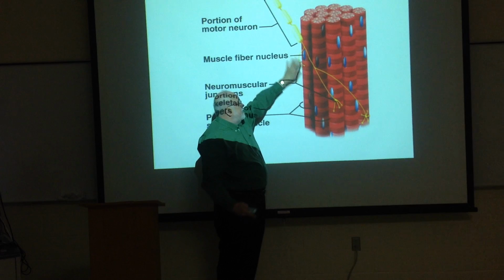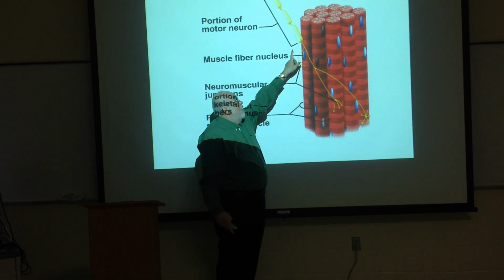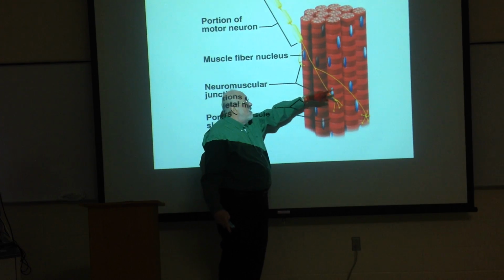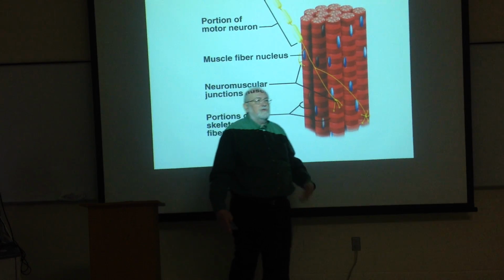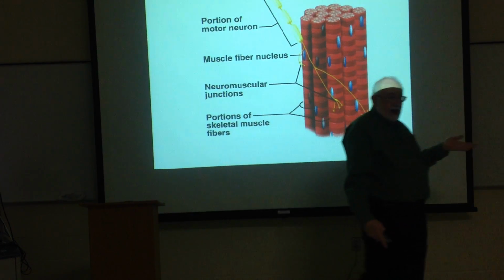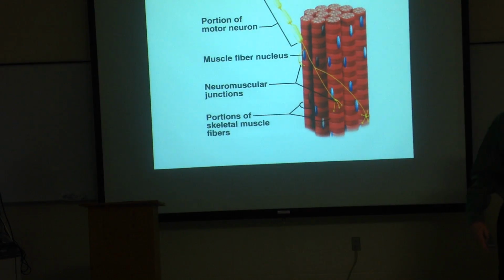And this is just showing how one nerve might cause several muscle cells to contract together. All right? And they do. But not every cell in that muscle is going to contract at the same time, unless you want it to.